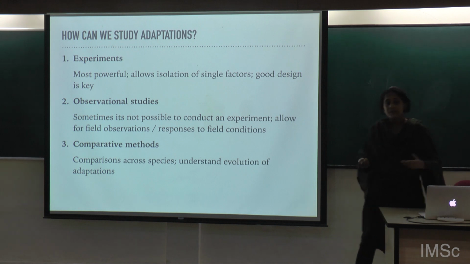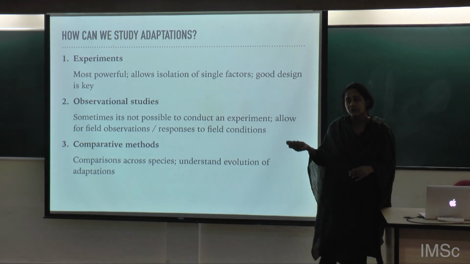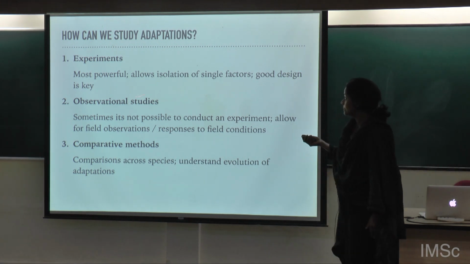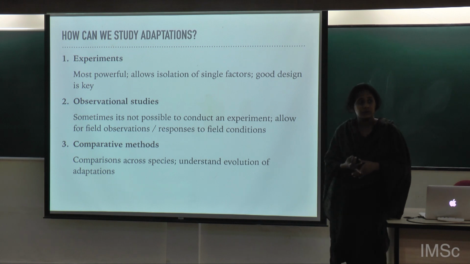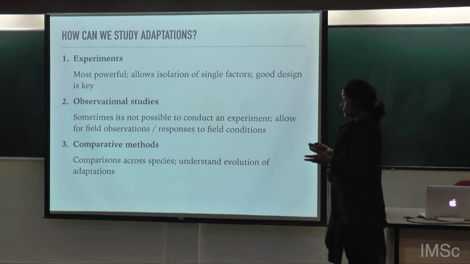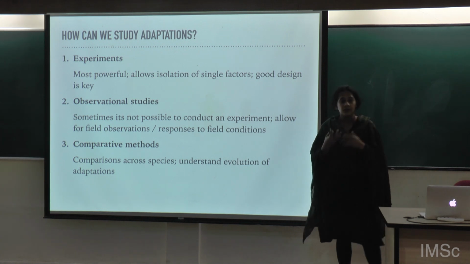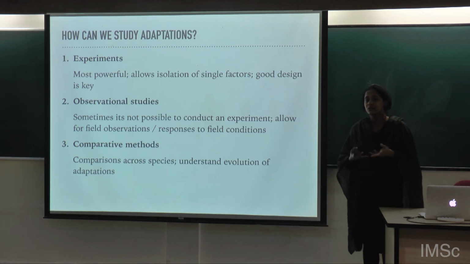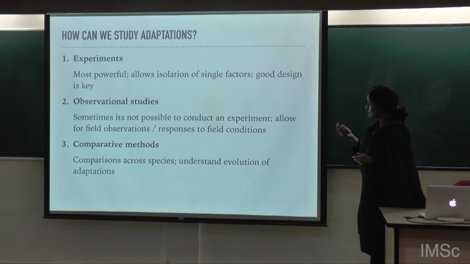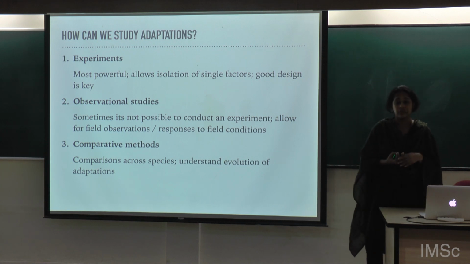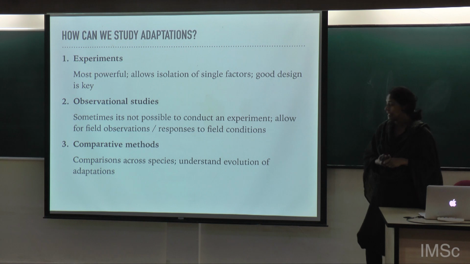All right, so coming back to how we can study adaptations, we've looked at two ways. You have experiments, which are the most powerful because they allow you to control certain factors, like controlling the ticks or controlling the color of the flowers. You can isolate single factors and test just that, which is what a good study should do, and that's the most important thing when you're investigating a single trait.